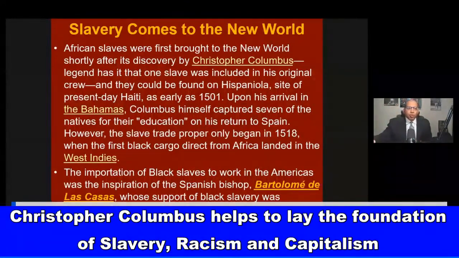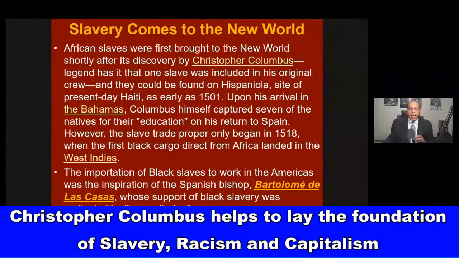Now, slavery comes to the New World. African slaves were first brought to the New World shortly after the discovery by Christopher Columbus of the so-called New World. Legend has it that one slave was included in his original crew and that they could be found on Hispaniola, the island of Hispaniola, a site of present-day Haiti, as early as 1501.